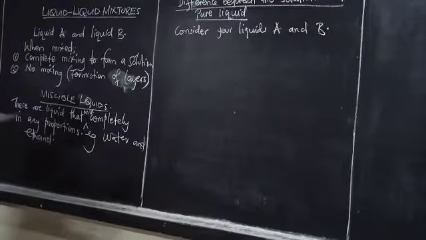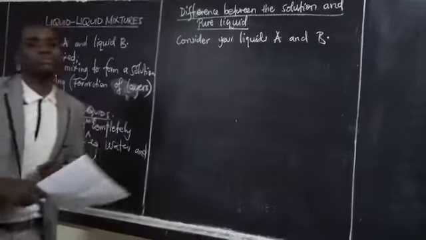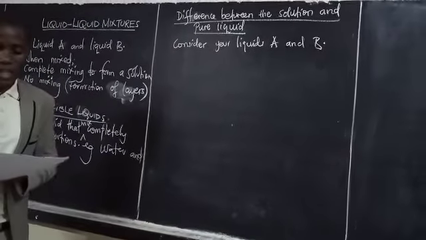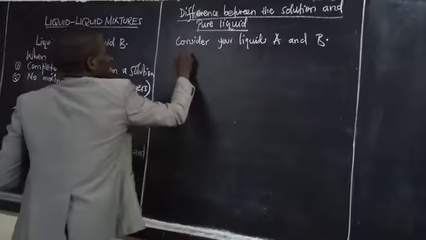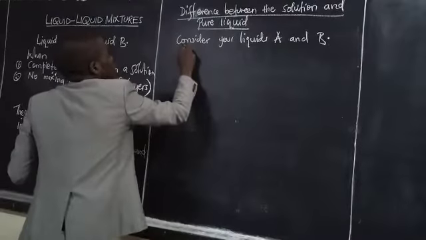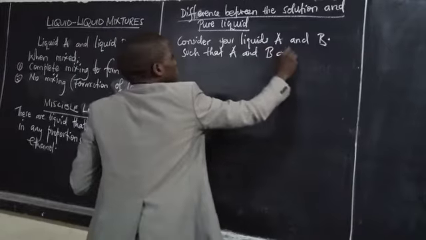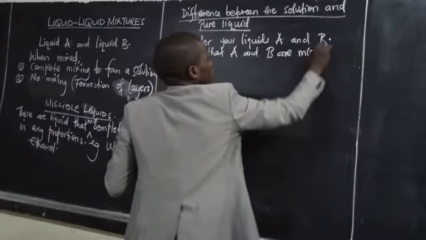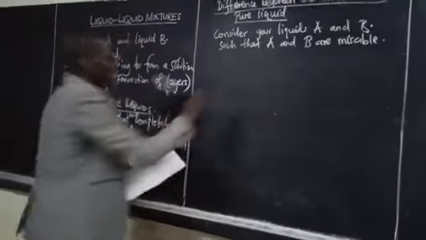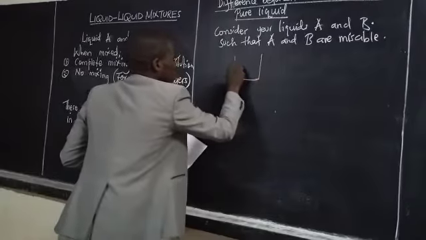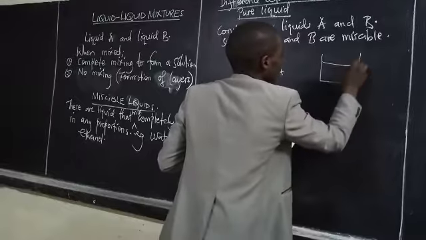And in this case, I want you to be keen and choose liquids that are miscible. Do not mix them. First get A alone and B alone in your containers.